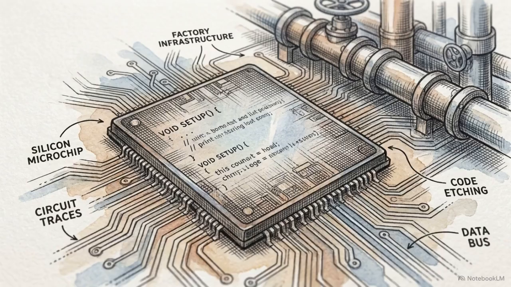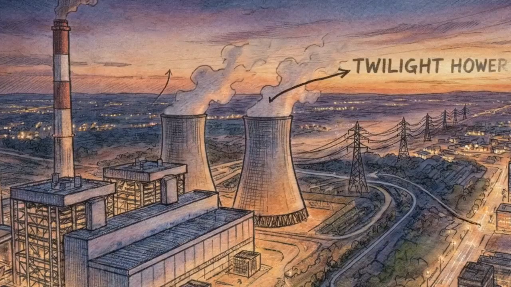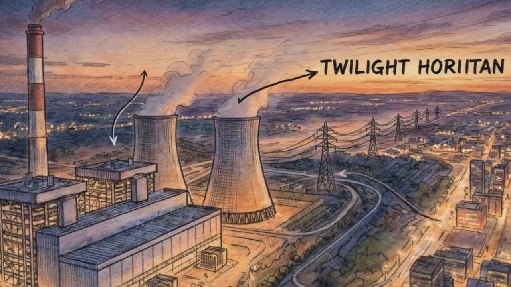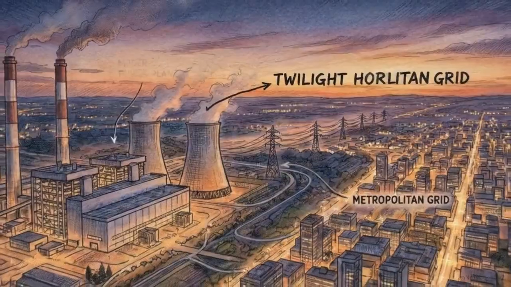These controls are highly specialized. Damping localized hunting inside a cogen plant requires a different algorithmic profile than damping inter-area swings that cross an entire continent. Transient stability in a modern grid is a coordinated interaction of networked inertia, high-speed switching, and active algorithmic damping.